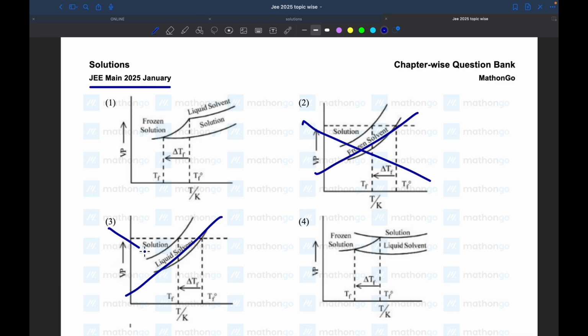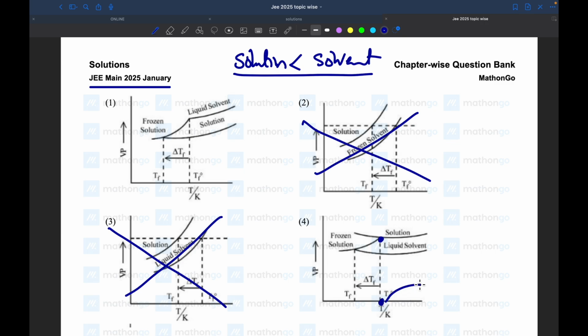This also represents elevation of boiling point. Of course, the label changes and these come. So these are out. The confusion comes in these two. We know that the solution freezing point is always less than the solvent. That is the depression in freezing point. Here the solution temperature is higher, and the solvent is lower. So this is not the case. That's why that is the mistake here.